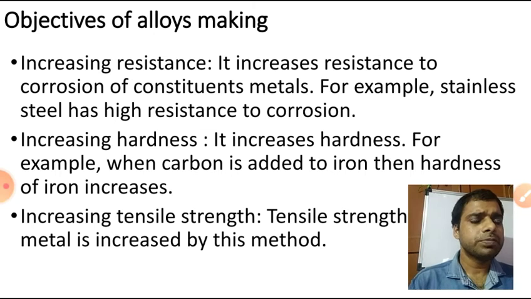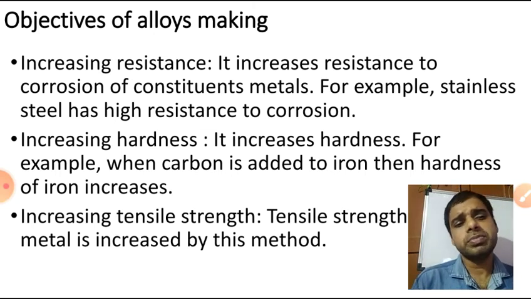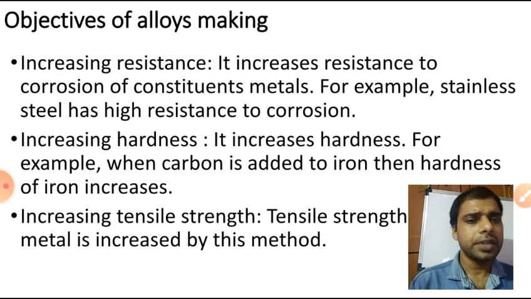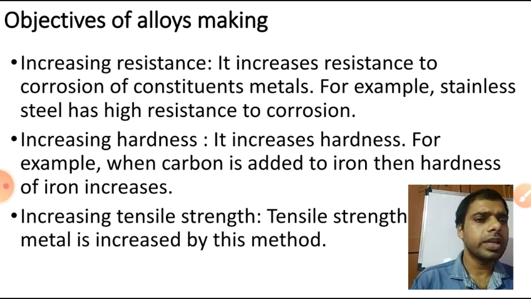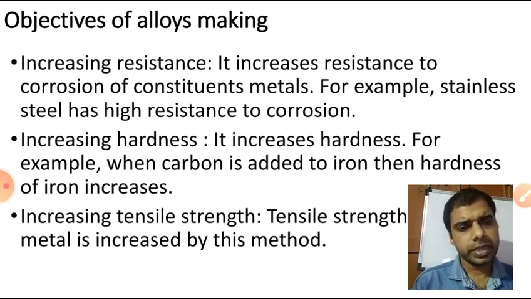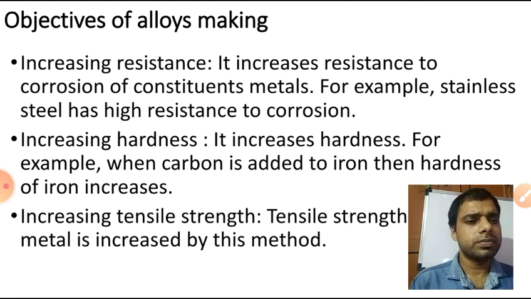So if you make stainless steel, it will never go for corrosion. That is one of the things you should understand. Why do we have to make the alloy? Because we can make it free from corrosion.